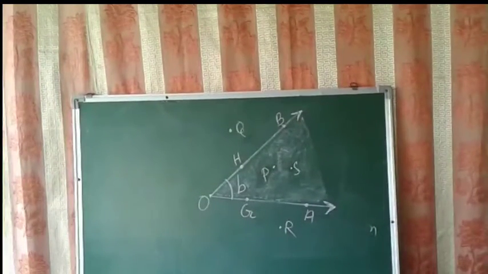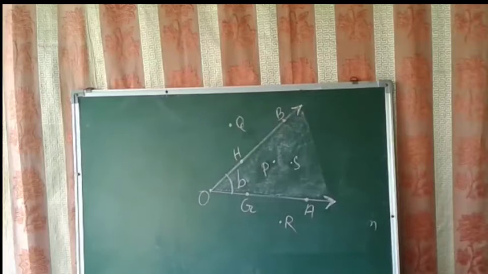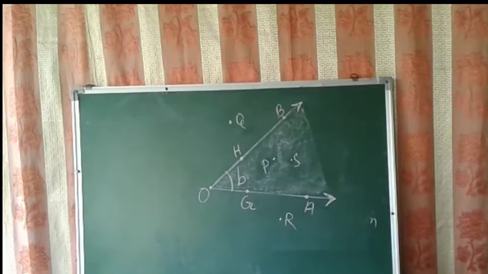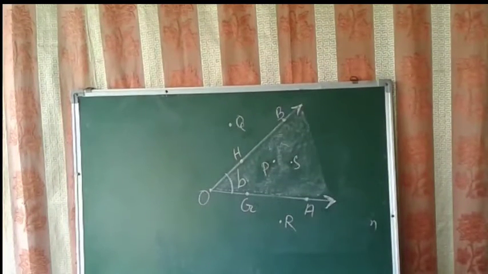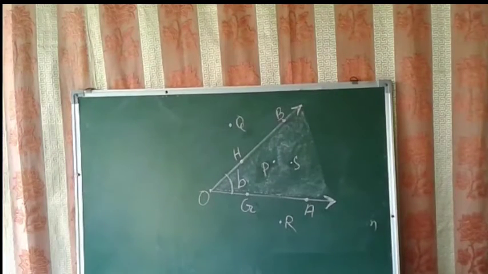The magnitude or size of an angle is the amount of rotation of the line, measured in degrees. The magnitude does not depend upon the length of the arms of an angle.